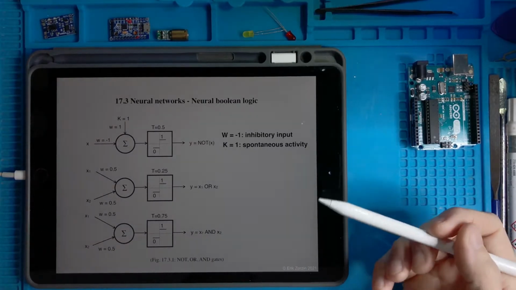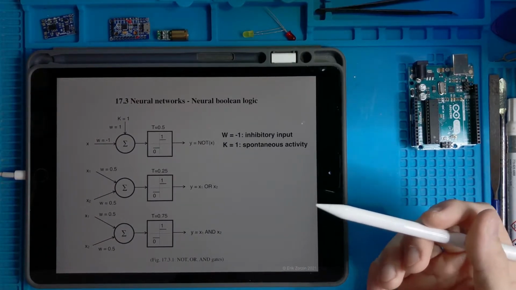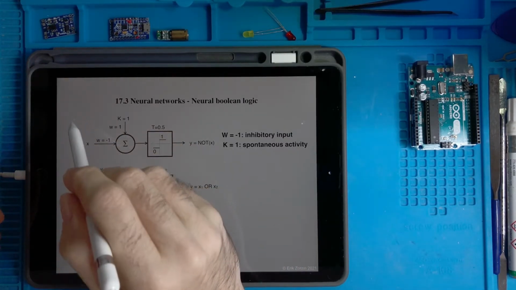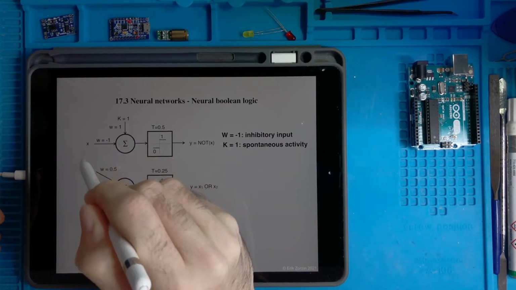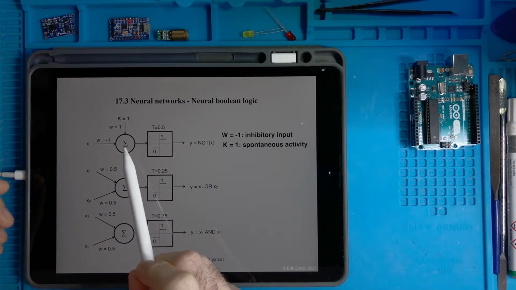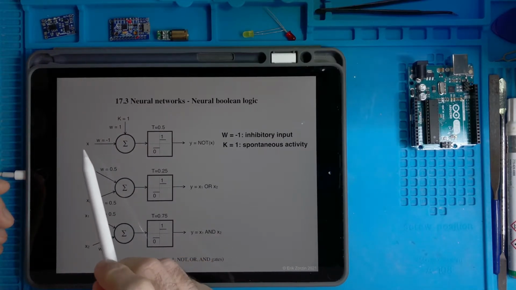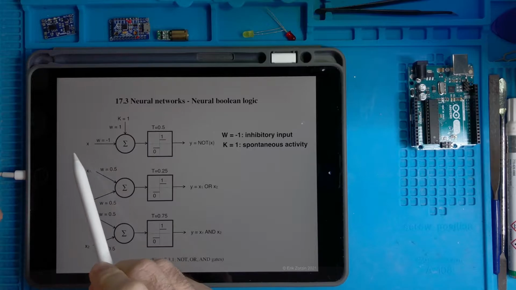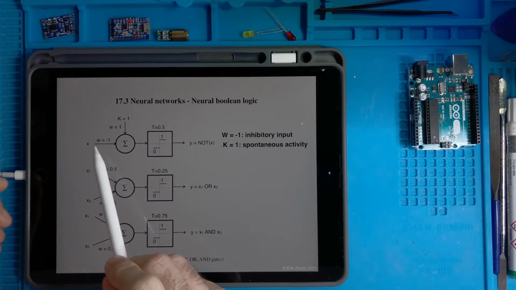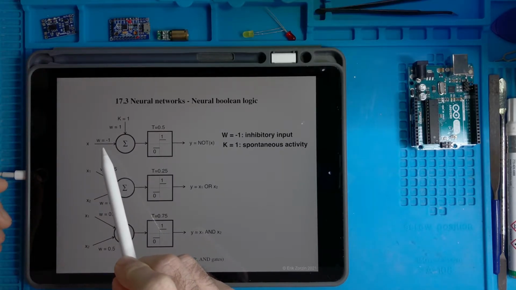So we can do circuits basically with all those elements. So let's analyze this case. Now we have a summating node where we take an input x, which can be either 0 or 1. The weight corresponding to this we define to be w equals -1.